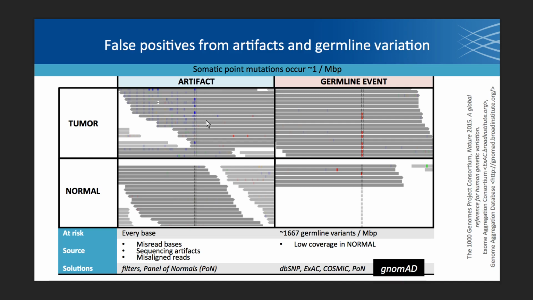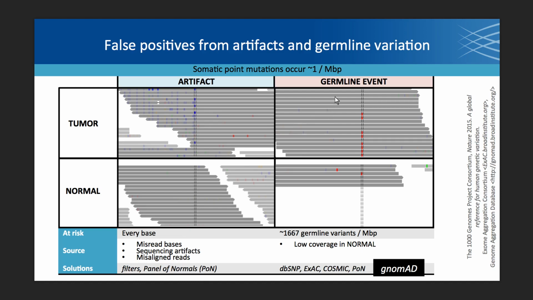And so we want to remove these types of artifacts, and we have filters in place for that. This type of artifact can strike at any base, and the sources of these are misread bases, sequencing artifacts, and misaligned reads, mapping errors. And besides the filters, we can use something called a panel of normals to filter these out, and we will get into that in a bit.